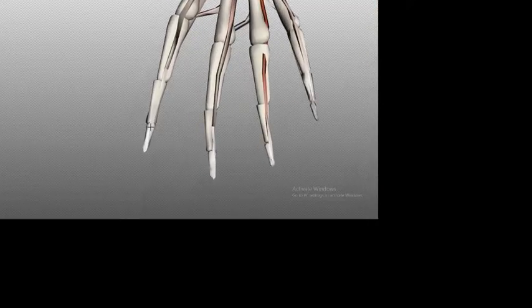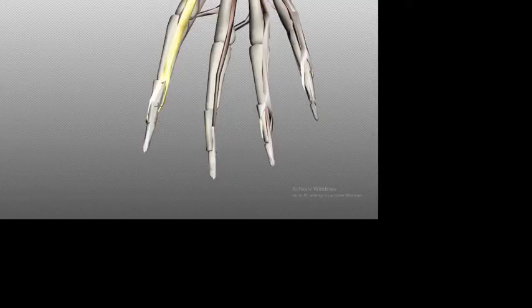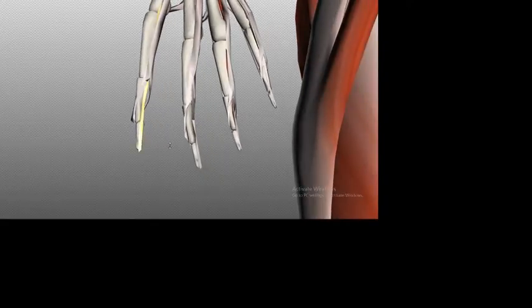So I'll just bring back those other tendons so you can see how they split. You can see the tendon of the flexor digitorum superficialis splitting and the tendon of the flexor digitorum profundus passing through to insert onto the distal phalanx. So you can probably guess that this muscle, when it contracts, flexes the distal interphalangeal joint.